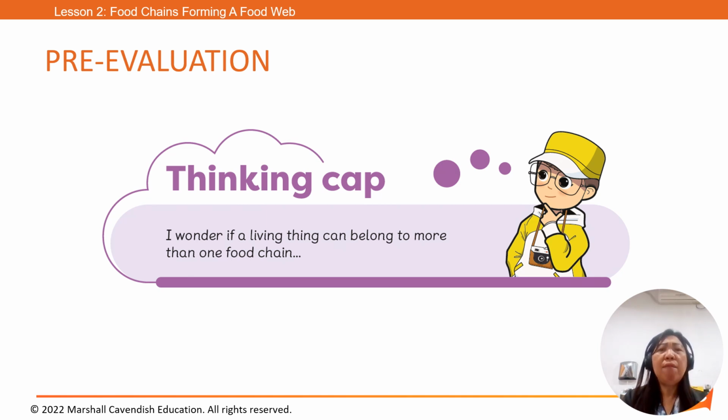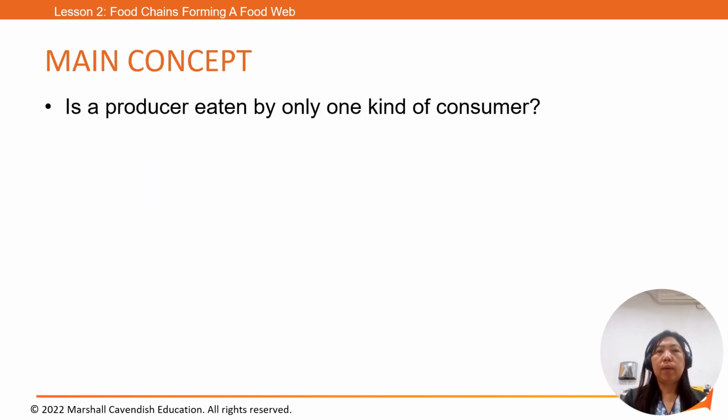Or can a living thing belong to only one food chain? Well, actually, if we think about it, does the cheetah eat only the gazelle? No, right? So if the cheetah does not only eat gazelle, that means yes, a living thing can belong to more than one food chain.